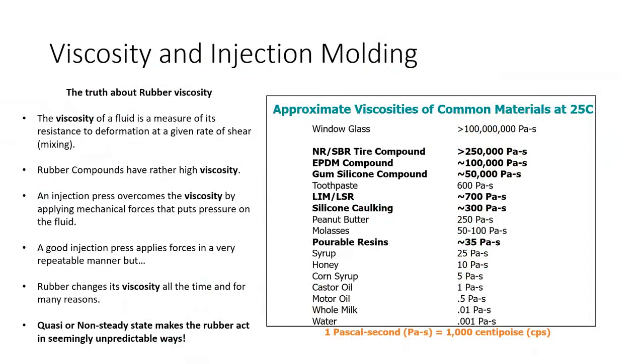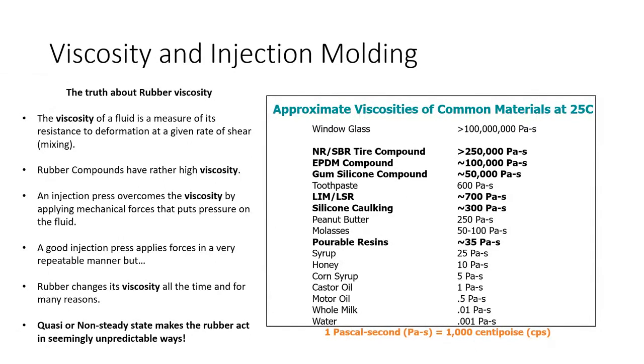So the first aspect about getting it done is to understand viscosity and injection molding. The truth about rubber viscosity is the viscosity of a fluid is a measure of its resistance to deformation at a given shear rate, given rate of shear in mixing or moving the material through the screw and barrel. This is all shear rate dependent. Rubber compounds have rather high viscosities compared to other fluids.